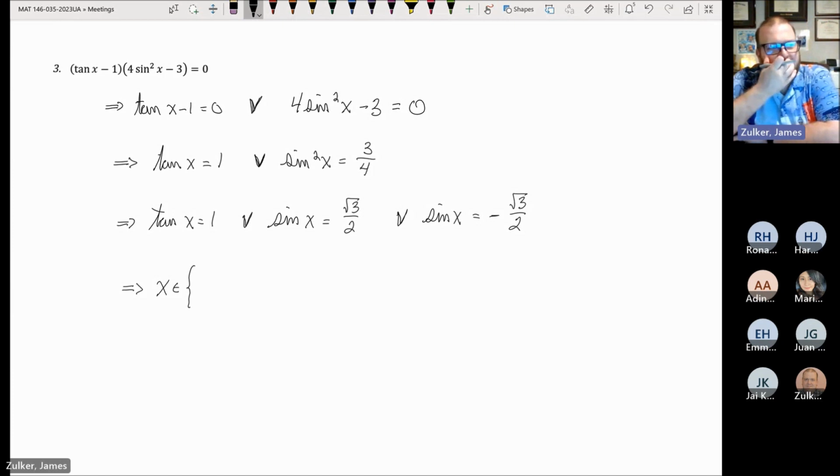And now just go one at a time. Where is tangent equal to 1? All right, I do agree pi/4. Where else is tangent 1?